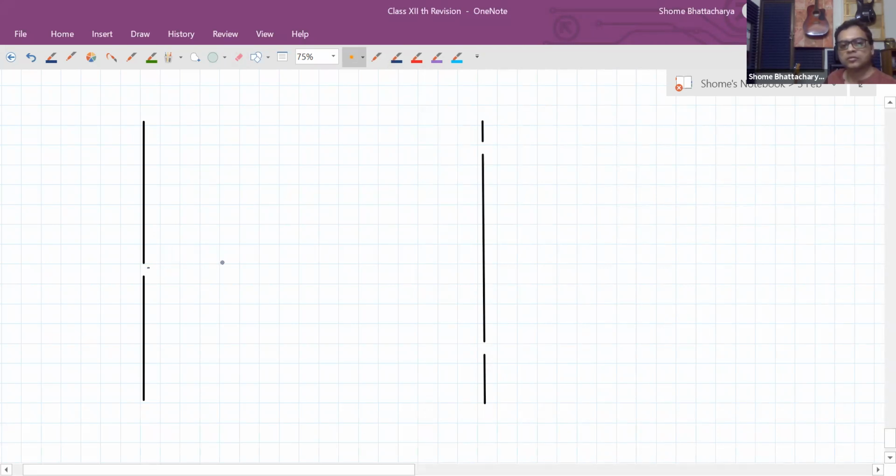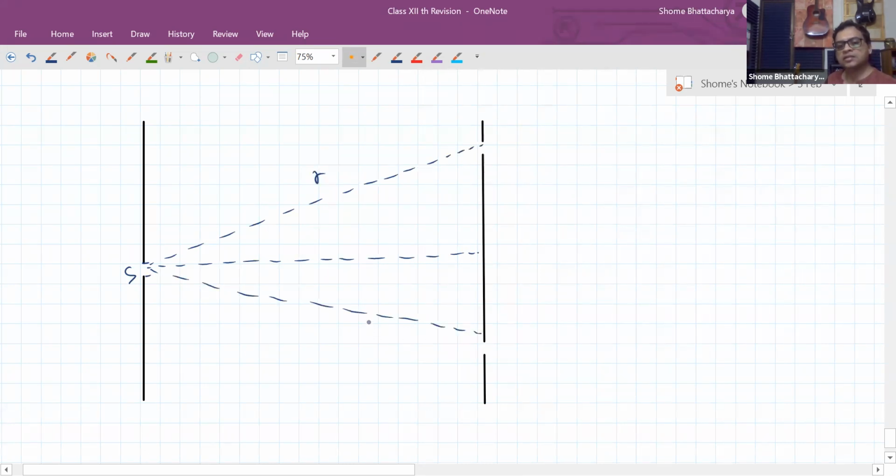So now, if this distance is some r, and this distance is some r, and this distance is some x, and this is of course a fixed distance d by 2. This is a fixed distance d by 2.